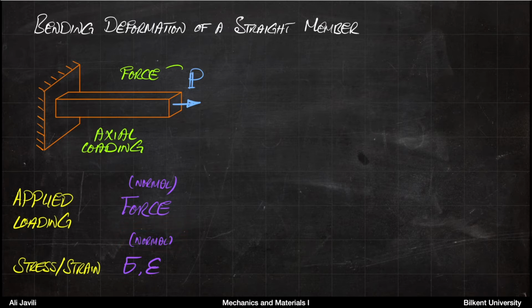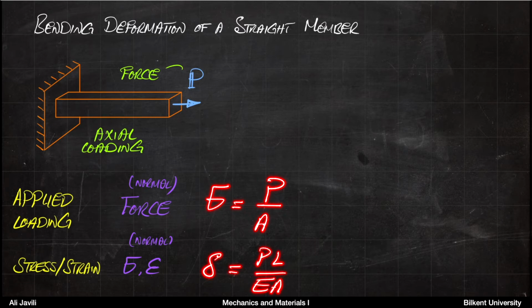Also, you may remember that for this problem, stress was calculated as P divided by A, A being the cross-sectional area, and delta was calculated as PL over EA. Delta was the deformation or change of length of the straight member or the beam.